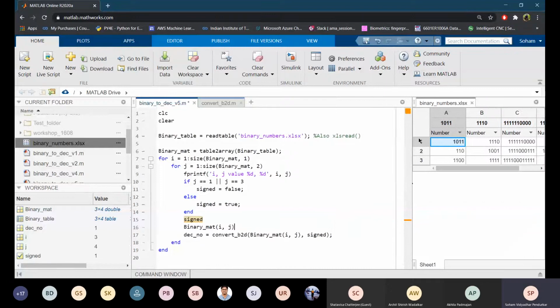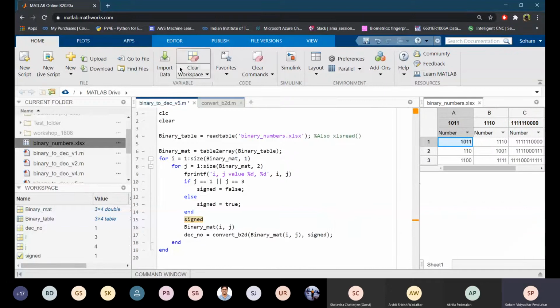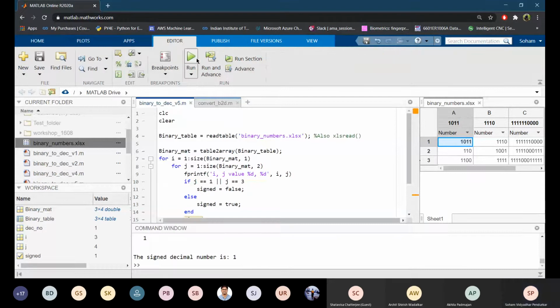Let's print this, run. Okay, so it is coming up right. So it is reading it.